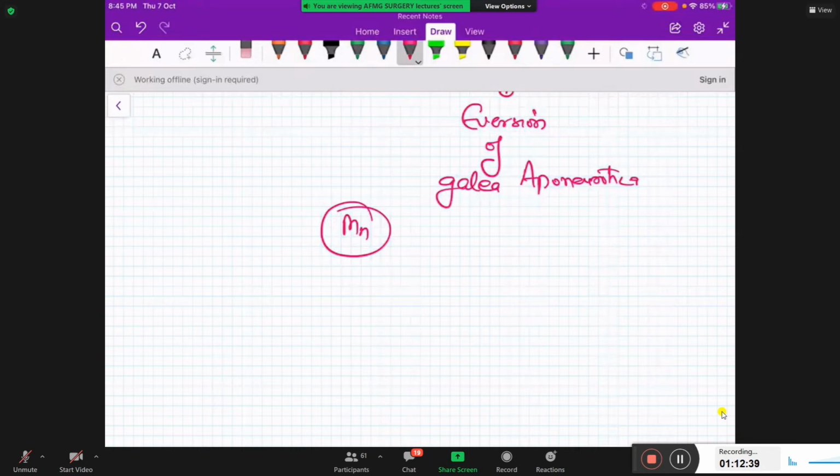In every patient of head injury, listen to this very carefully, you all must have read it in your physiology classes also, there is a reflex called Cushing's reflex. What is that Cushing reflex?